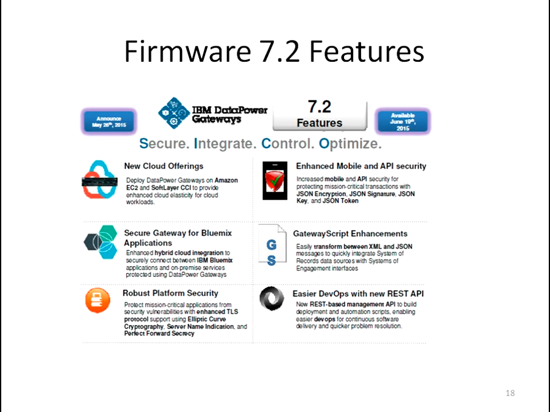Last but not least, it's much easier DevOps with the new REST API, which means IBM is offering the REST API gateway. The REST API management gateway is one of the popular tools in IBM, very useful for API management solutions. DataPower offers that feature with IBM API Management.